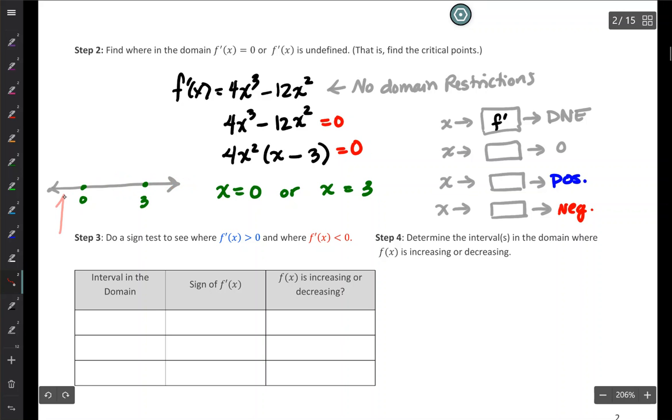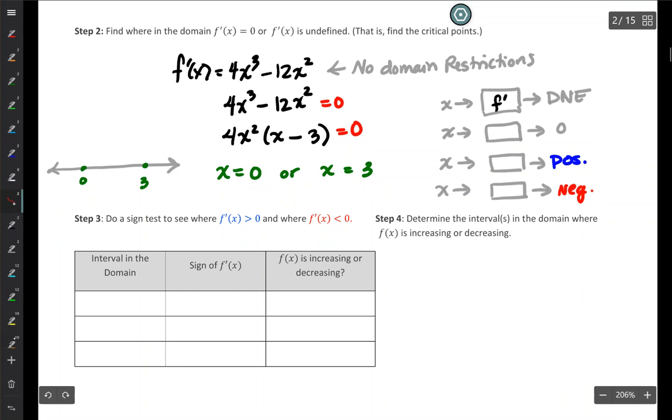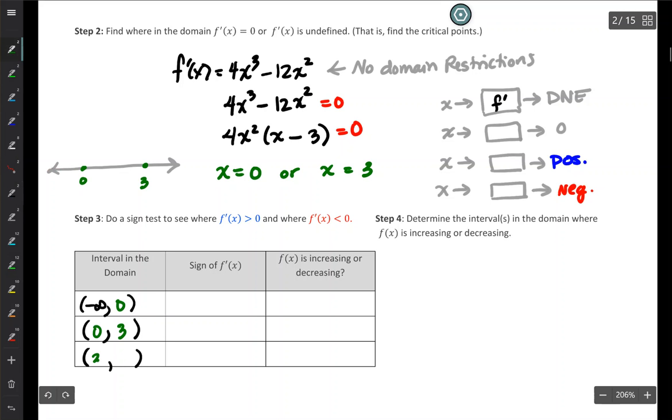I put an x value into my function, and it's going to spit out a number that's either positive or negative, and that's it, right? So here are these intervals. X values less than 0, which we see right there. X values between 0 and 3. And x values greater than 3.